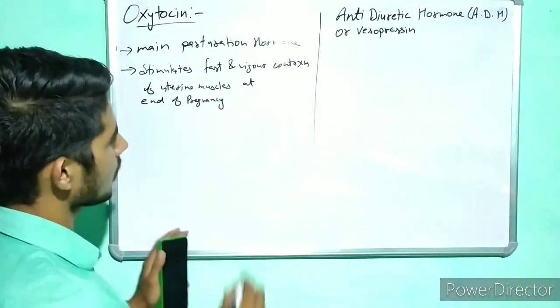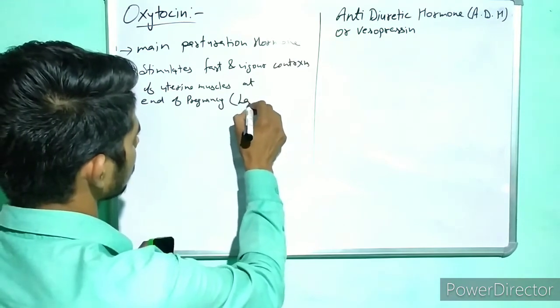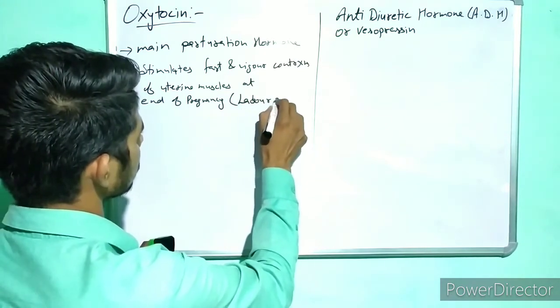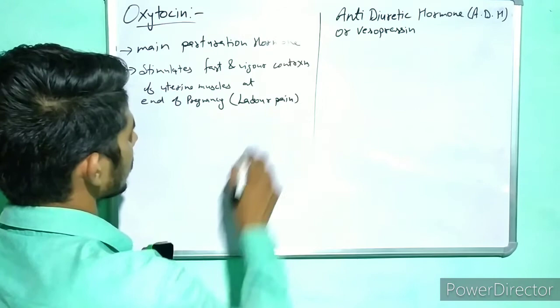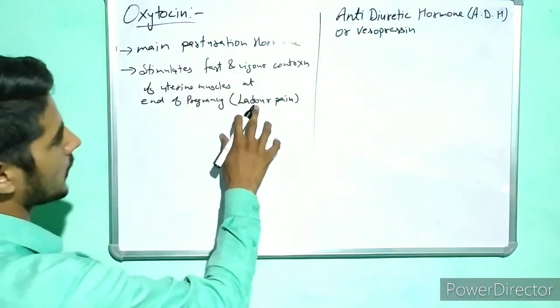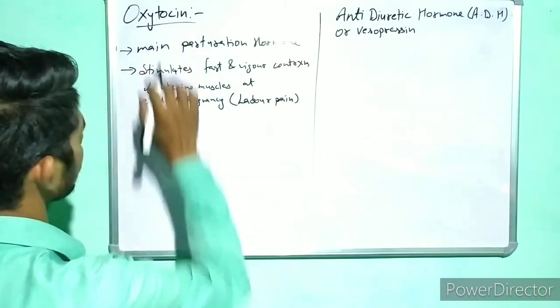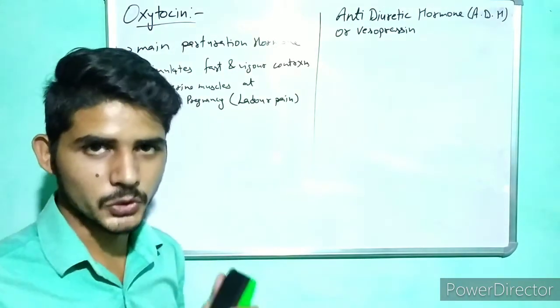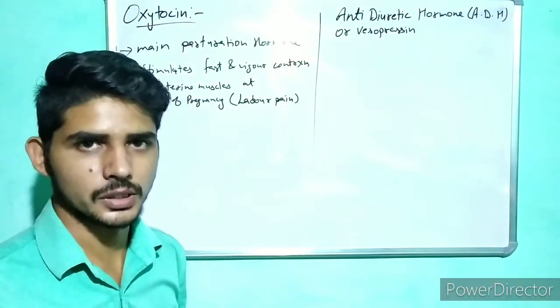These contractions are called labor pain, which is caused by the oxytocin. And the oxytocin causing the labor pain is secreted by the pituitary gland of the mother, not from the fetus.